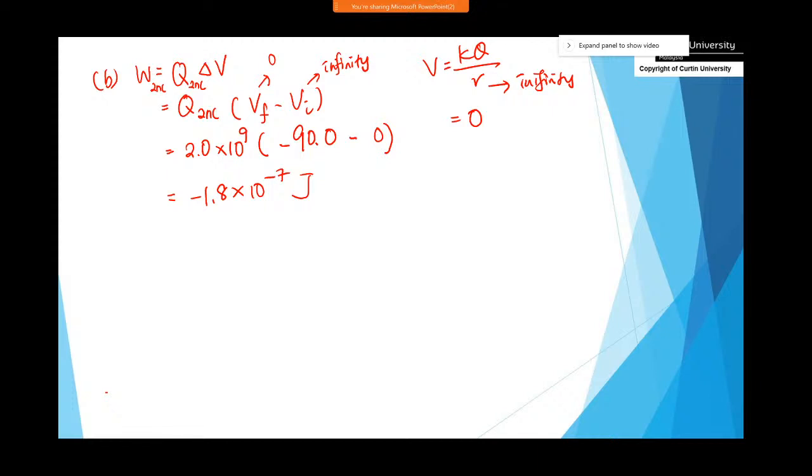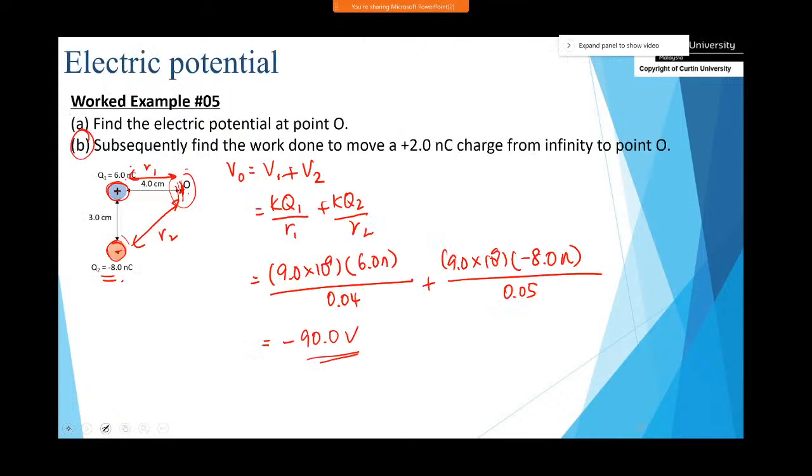Okay, so it means the charge doesn't have to work hard. This negative means the work is done by the field. So the positive 2 nanocoulomb charge doesn't have to work hard in order to climb to here, but the electric field itself will welcome the charge to go here.